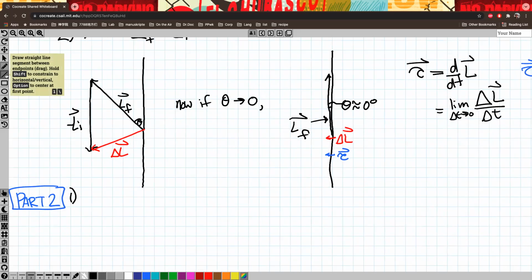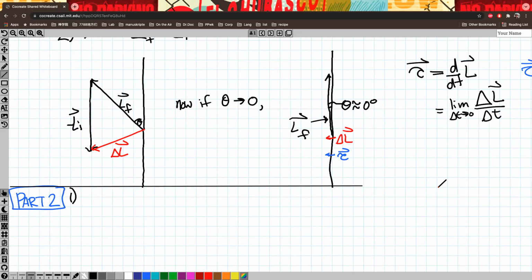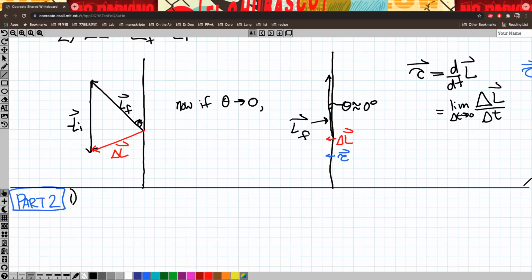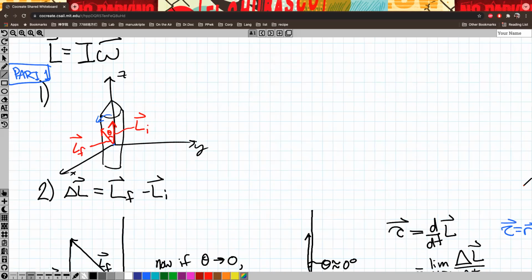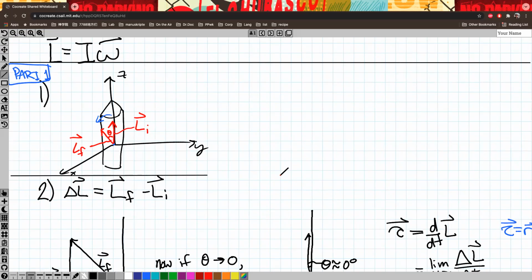I want the center of mass to move. I guess it would be 2. Would it be 2? Why would it be different from 2?